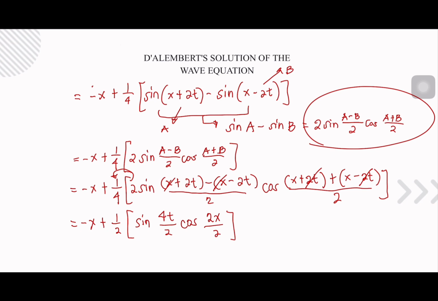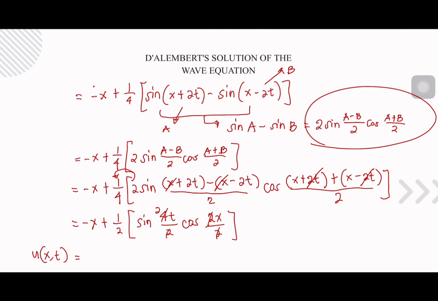Divide the 4 over 2, which will give 2, and cancel the 2. So u of x, t is equal to negative x plus 1/2 of sine 2t cos x. This is the final answer.